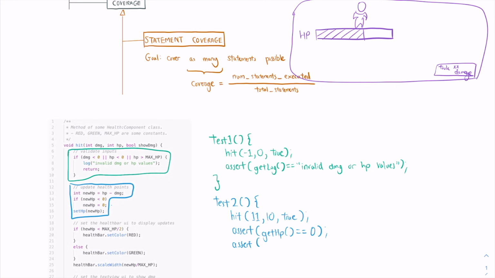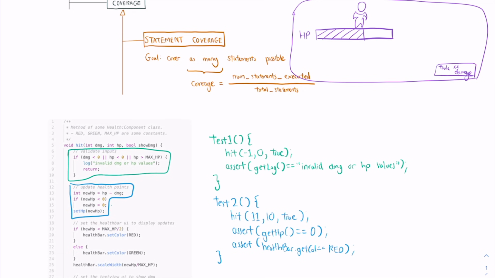Let's say we have this function that allows us to get the color of the health bar, healthBar.getColor, and we check that it is equal to some enum value, RED. And so this is another way of checking that it is what we are expecting to see as a passing test case. All right, so this allows us to definitely go through this.